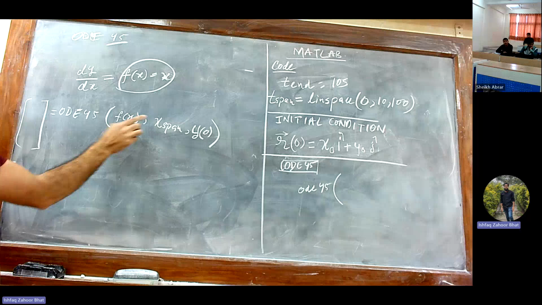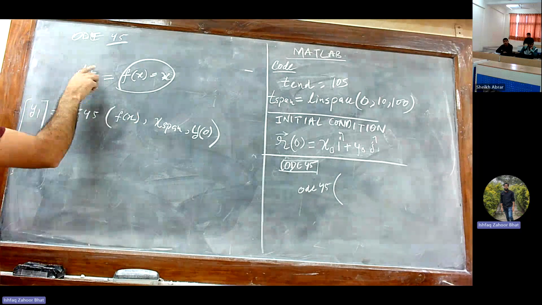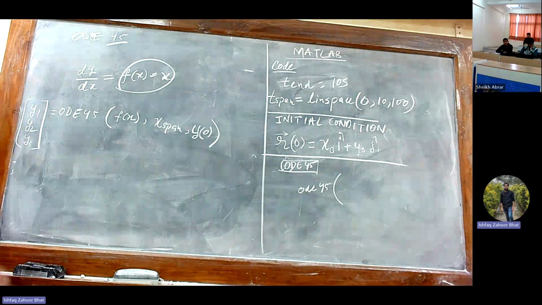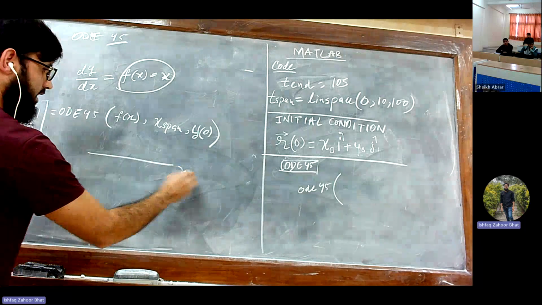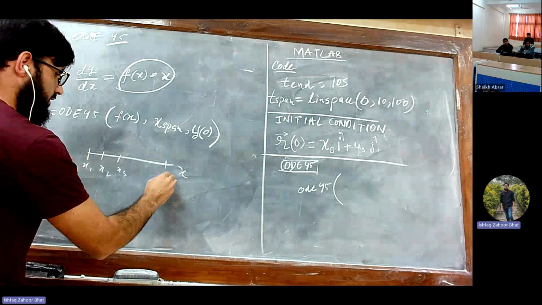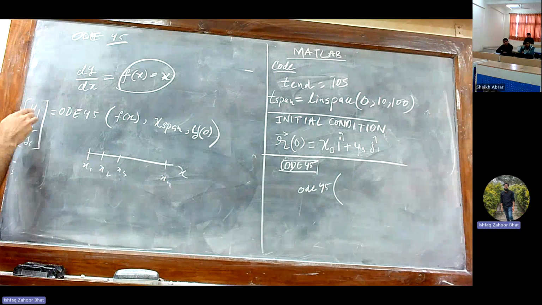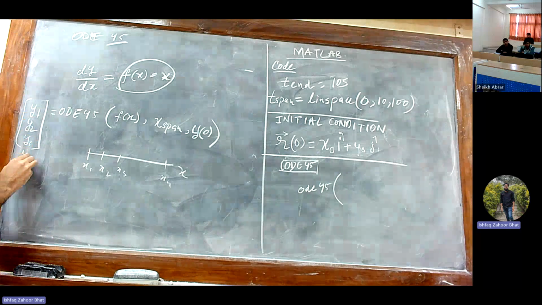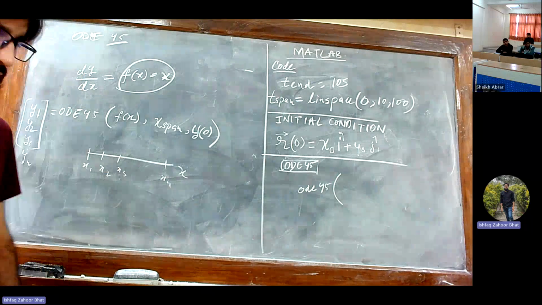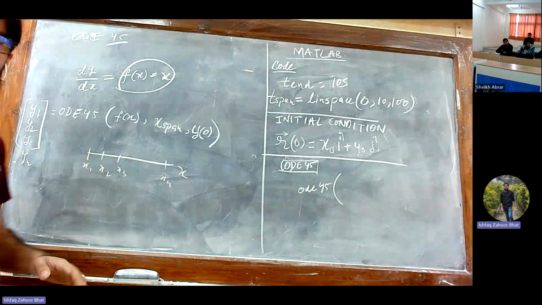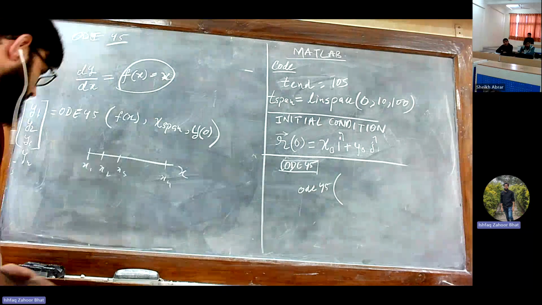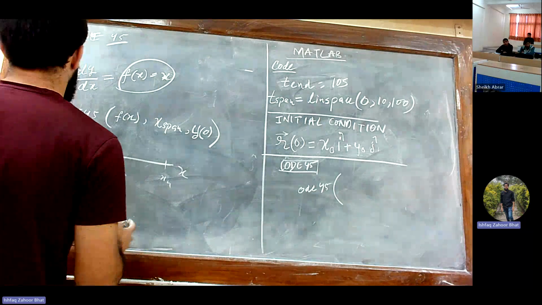For example, for the first value of x, it will give me the value of y, for the second, the value of y, and so on. So for the whole set of x values, x1, x2, x3, up to xn, it will give me the corresponding values y1, y2, y3, up to yn by integrating this differential equation. So this is how ODE45 works. What is going on behind the scenes I have already told you, and I will show that, not in this class, but definitely we will do that.